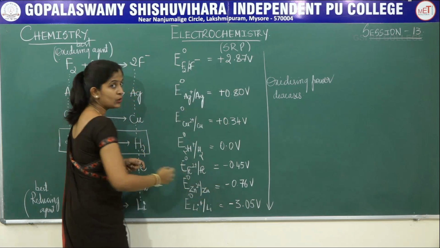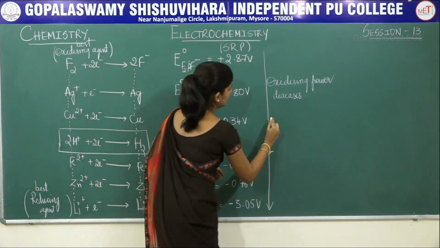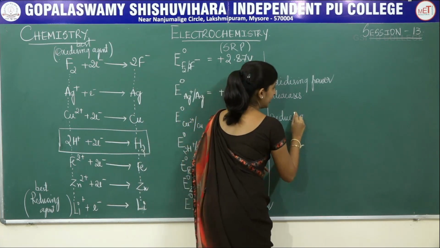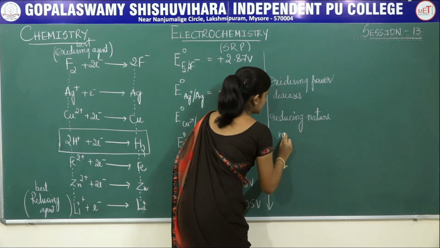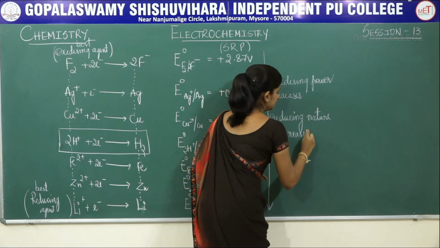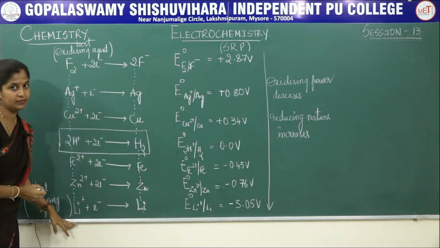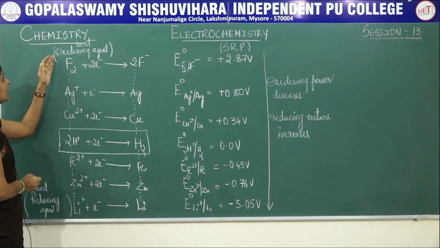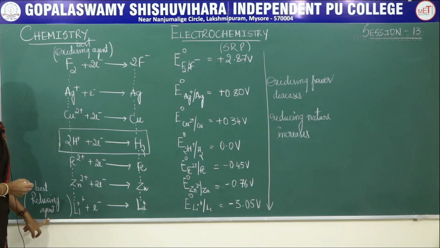Oxidizing power decreases while your reducing power increases from fluorine to lithium. So reducing nature increases from fluorine to lithium. Fluorine is the best oxidizing agent, while lithium is your best reducing agent.